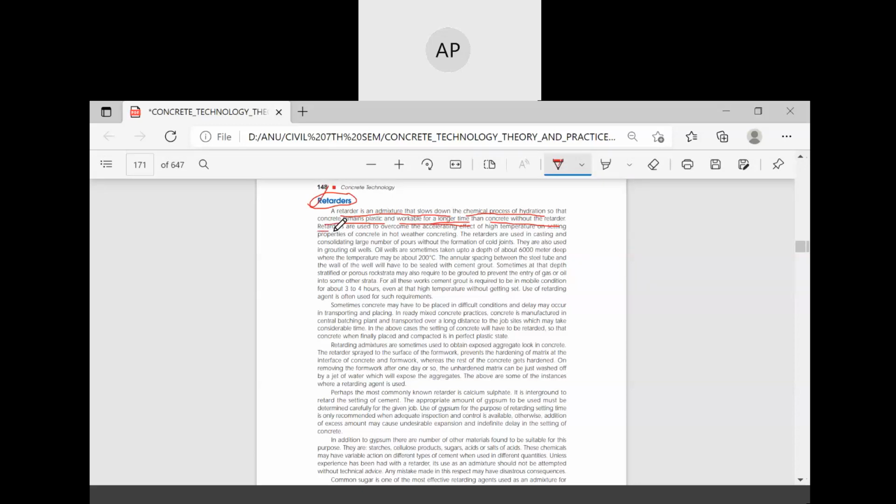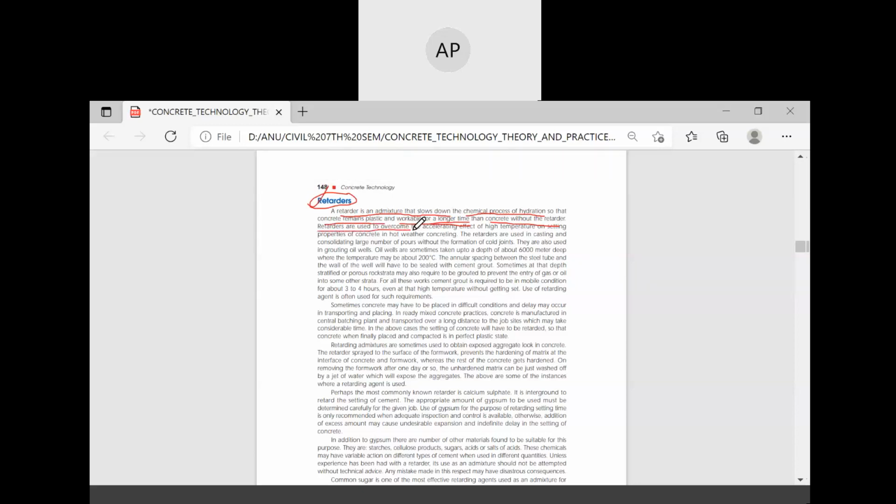So retarders are used to overcome the accelerating effect of high temperature on setting properties of concrete in hot weather concreting. The retarders are used in casting and consolidating large numbers of pours without the formation of cold joints.